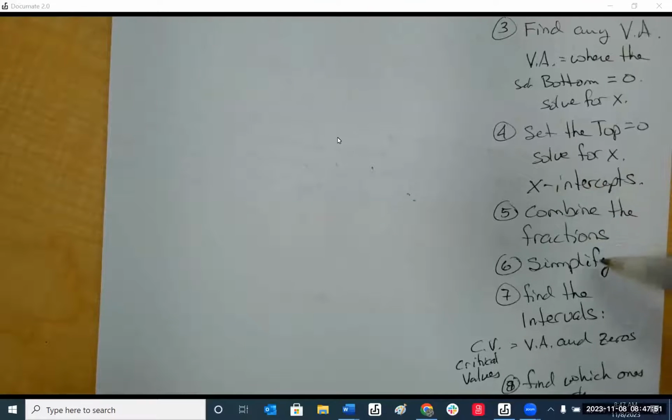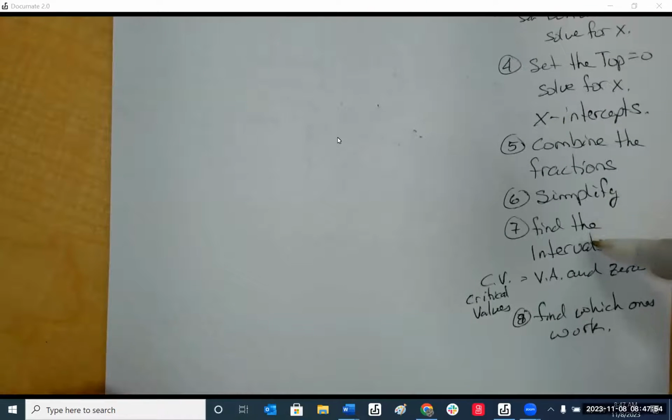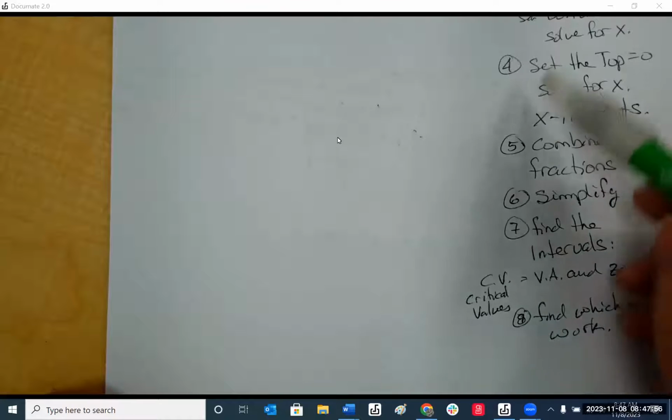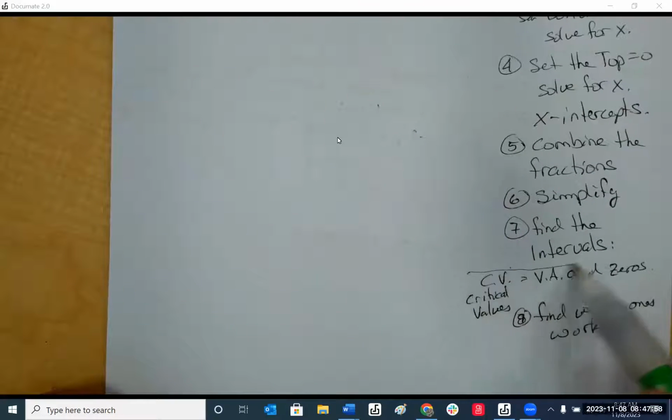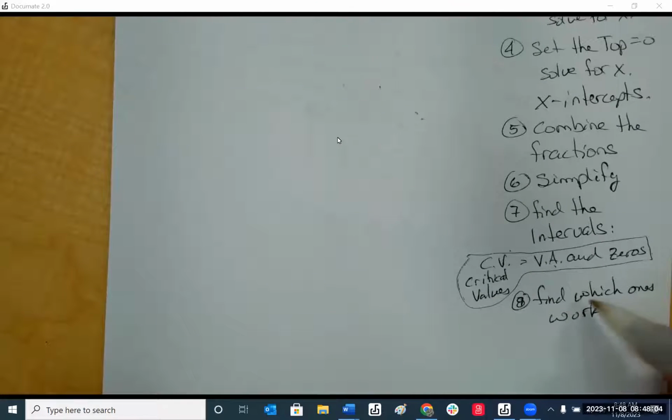Combine the two fractions, simplify, then find the intervals. The intervals will be defined by your critical values, which are the vertical asymptotes and zeros. And then find test values and see which intervals work.